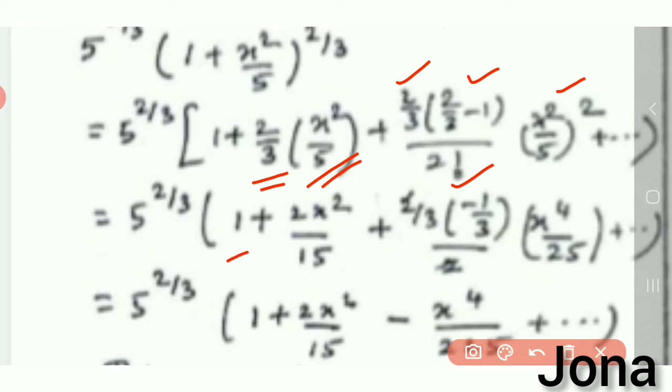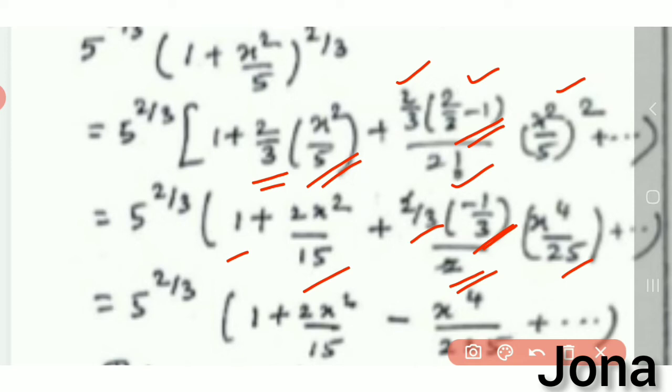So we have 1 + 2x²/15, just multiply here and then simplify the brackets here. Keep 2/3 as it is. This 2/3 − 1 is −1/3, divided by 2 factorial, which is 2, and then x⁴ over 5 squared, which is 25.